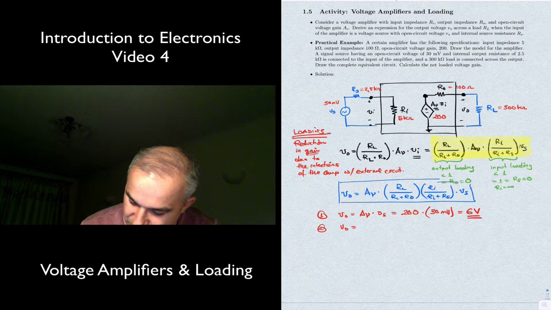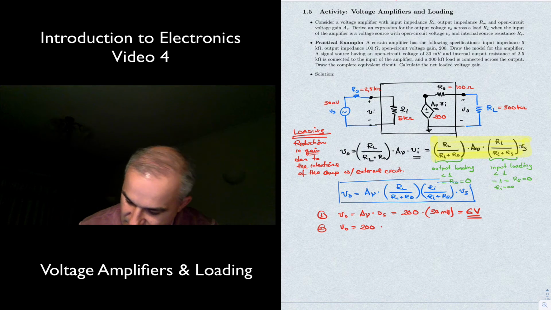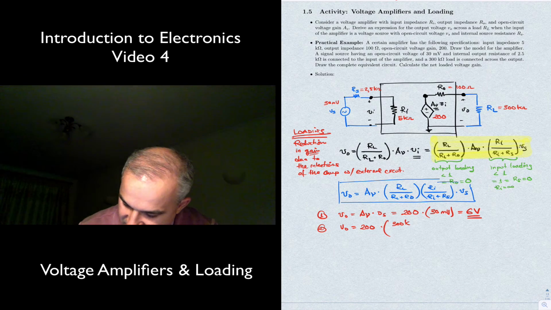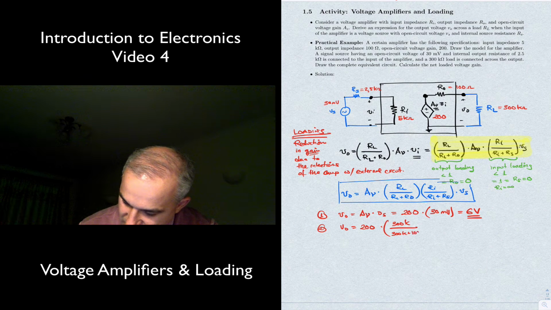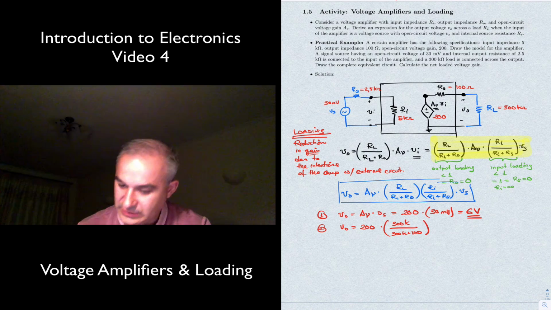We have V output, 200. Now, we have 300k divided by 300k plus 100, and this actually is going to be close to 1.